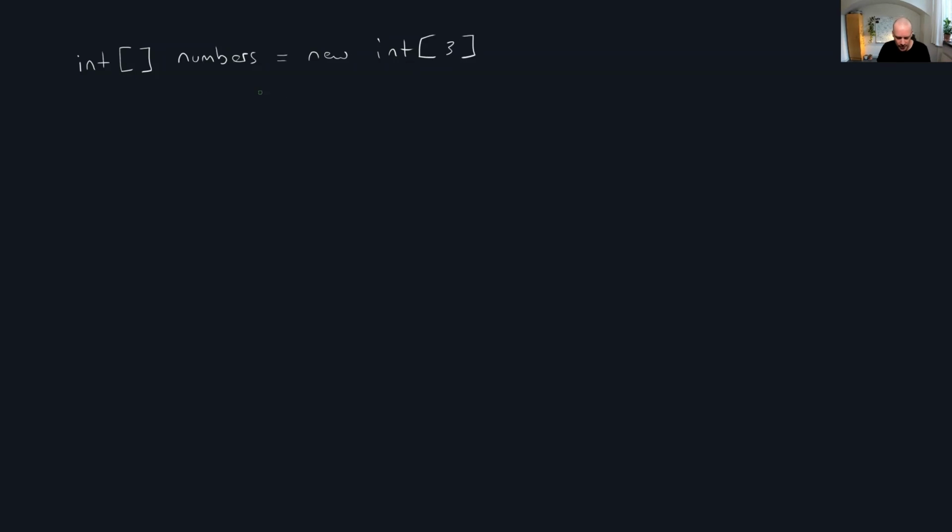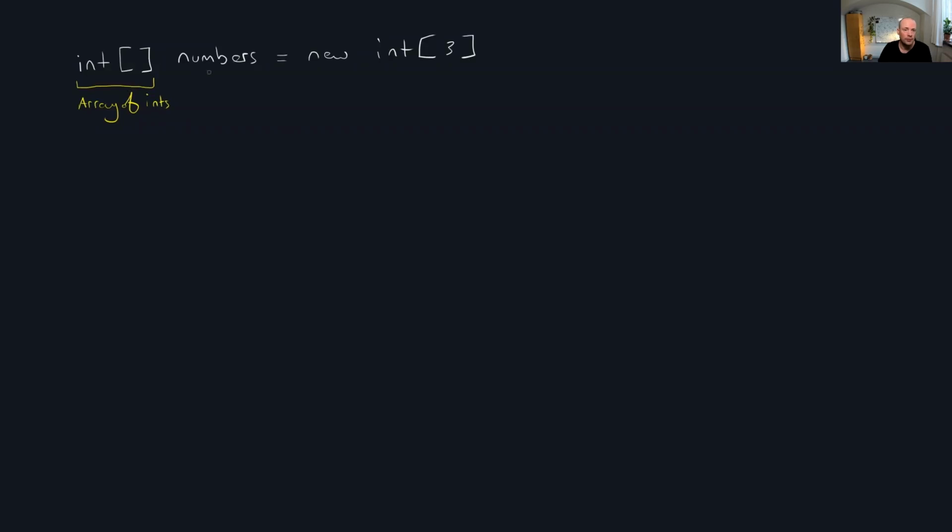Okay, so we break this down a little bit. We have our type. So what we're saying here is array of ints. Okay, so we see int, which is familiar, it's primitive. But then the square brackets indicate this is going to have multiple integers being stored.